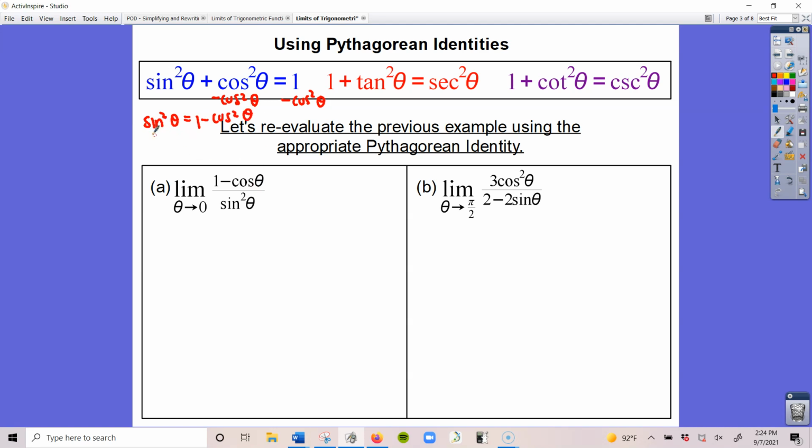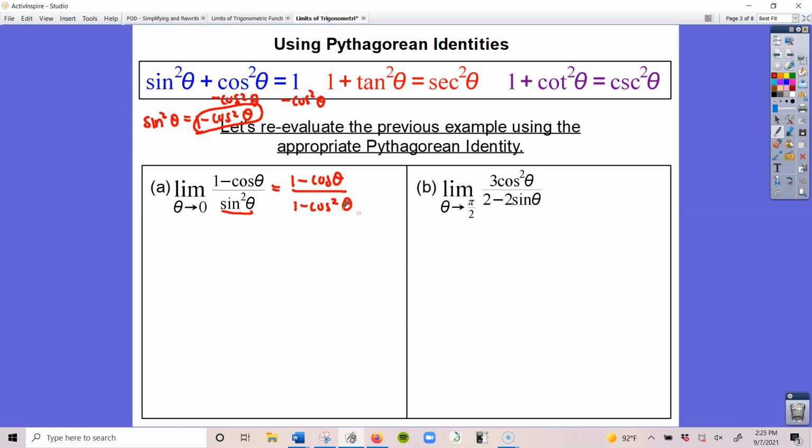So that's what I'm going to do. I'm going to take this sine squared and substitute it with this. So let's rewrite this limit. This is going to equal 1 minus cosine theta over 1 minus cosine squared theta.